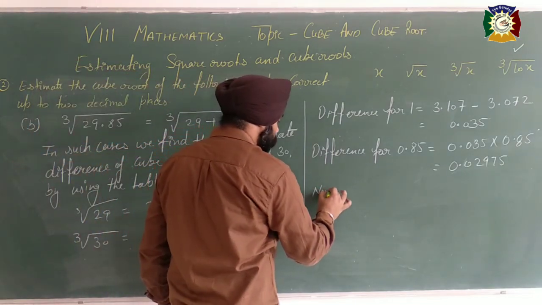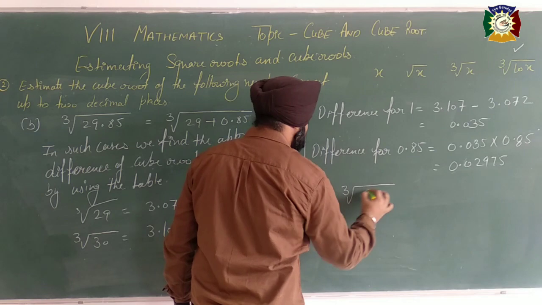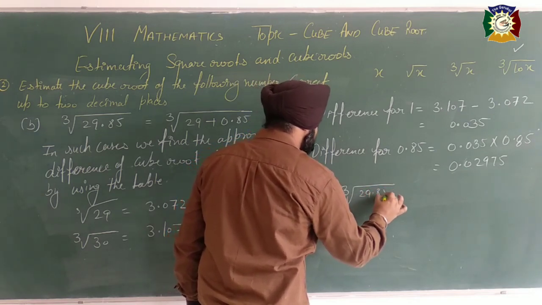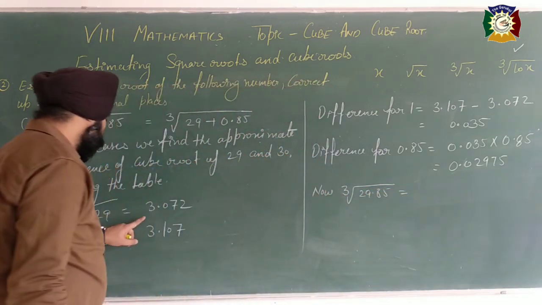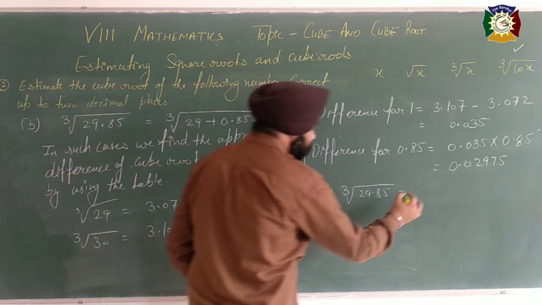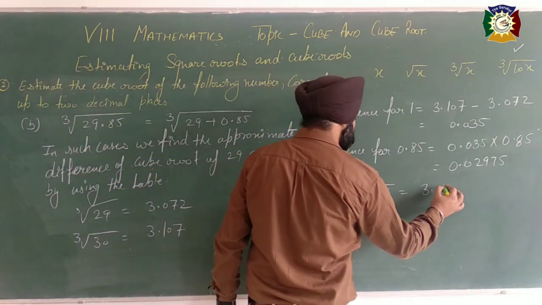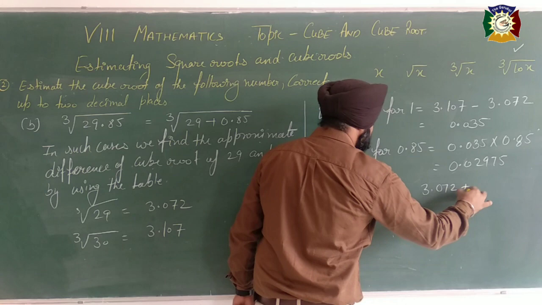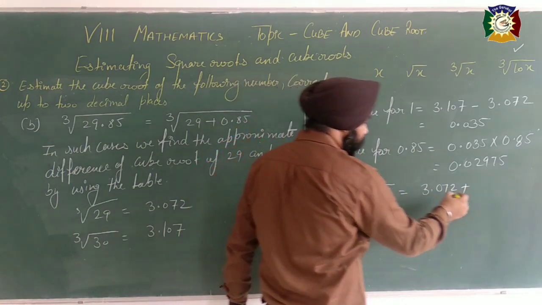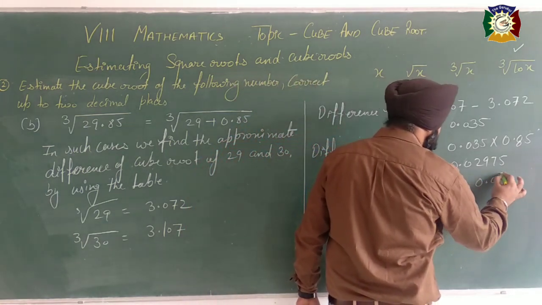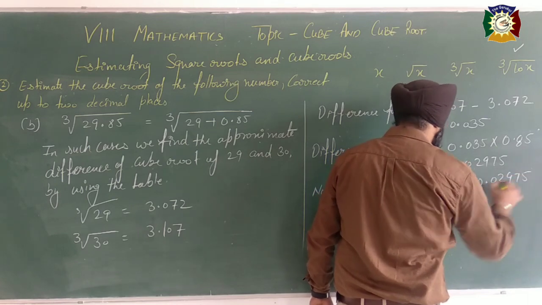Now the cube root of 29.85 is equal to the cube root of 29, which is 3.072, plus the difference for 0.85, that is 0.02975.